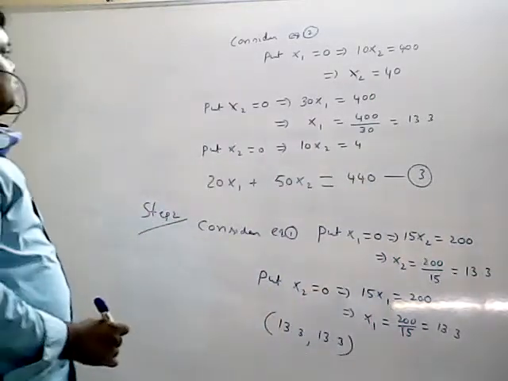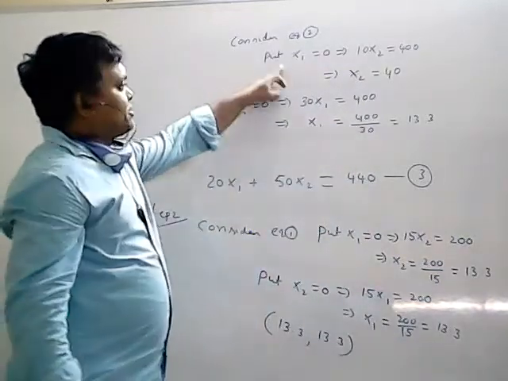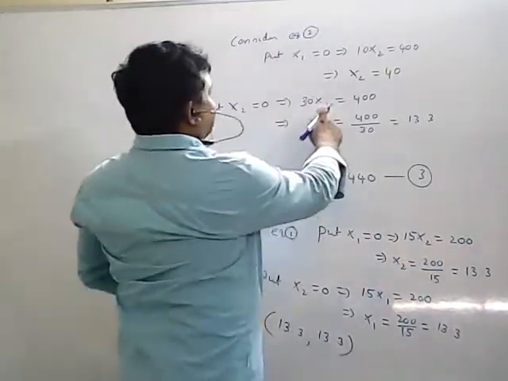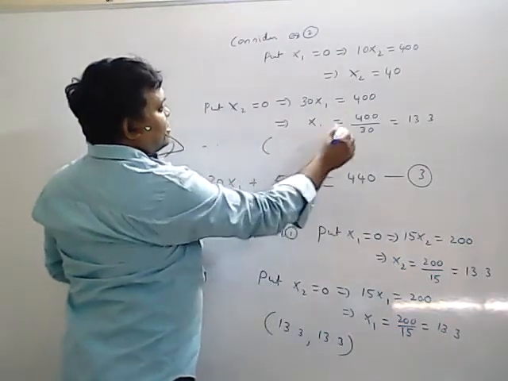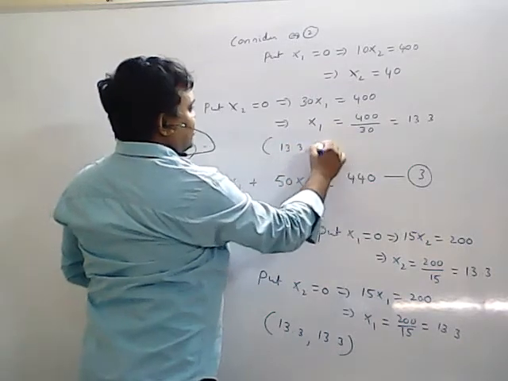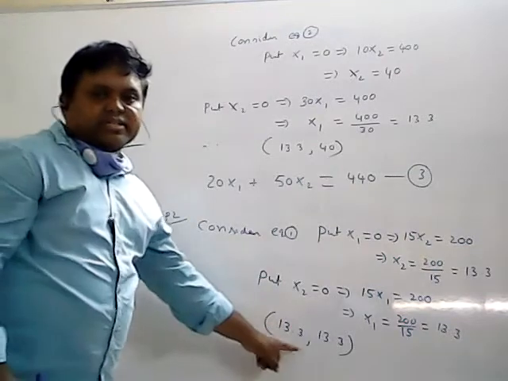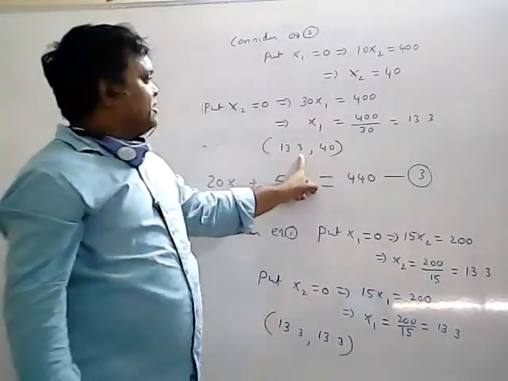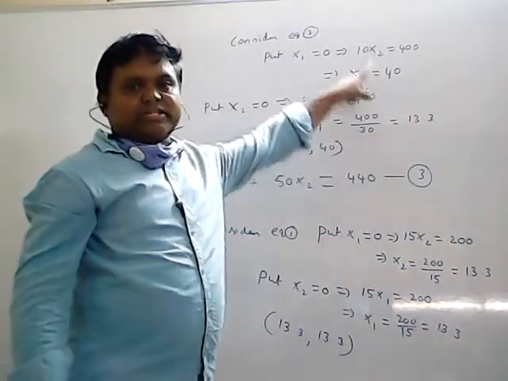So you have finished this one. I want the x1 and x2 values. So what is the point you are getting? The x1 value is 13.3 and the x2 value is 40. So the second point I got. First point 13.3, 13.3. Second point 13.3 and 40, x1 comma x2.